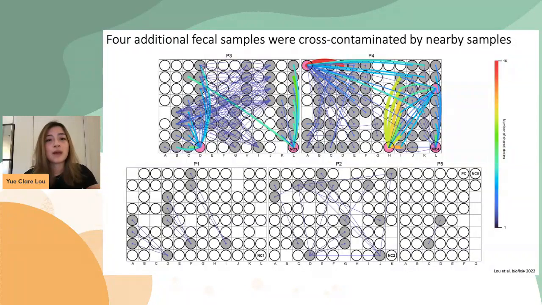Then we confirmed that these samples were indeed cross-contaminated by re-extracting and resequencing them. And when you plot such re-extracted samples on the plates, these location-based sharing patterns were not seen anymore. So we conclude that for this data set, the major source of contamination is internal contamination, specifically well-to-well contamination.